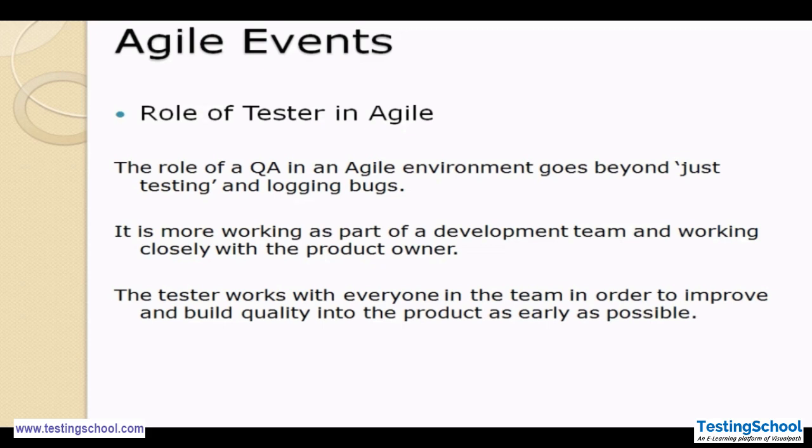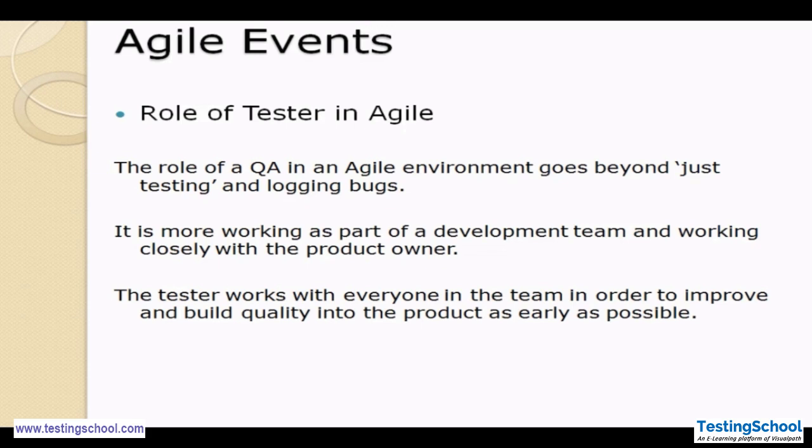It is the software tester's responsibility to get the correct requirement from the product owner, and to work very closely with the development team as well as the product owner to get the correct functionality that should be implemented for the client. The tester works with everyone on the team in order to improve and build quality into the product as early as possible.